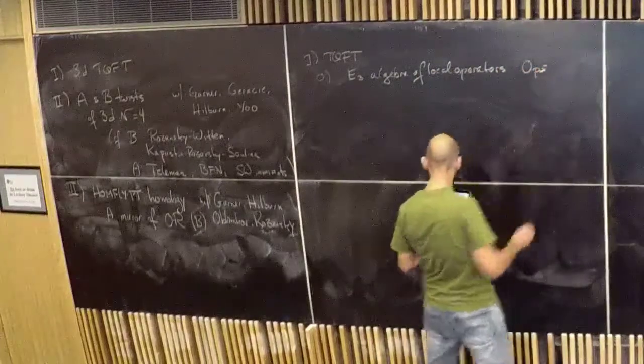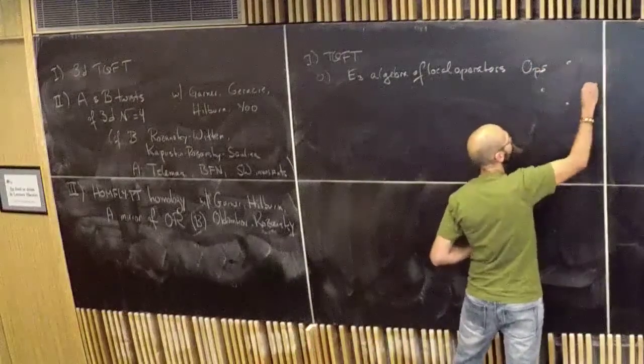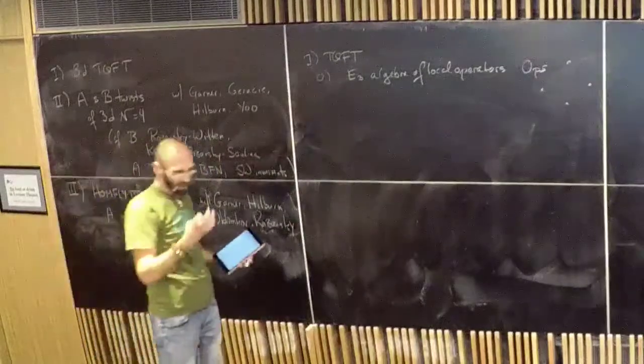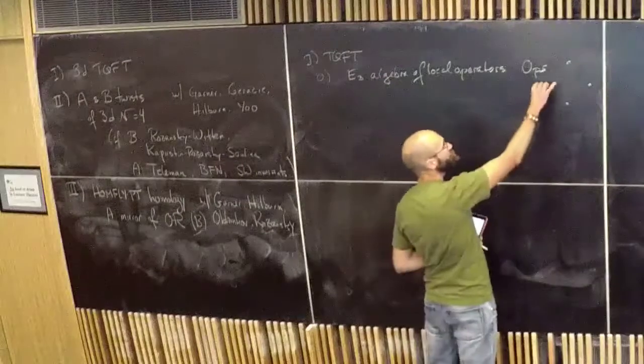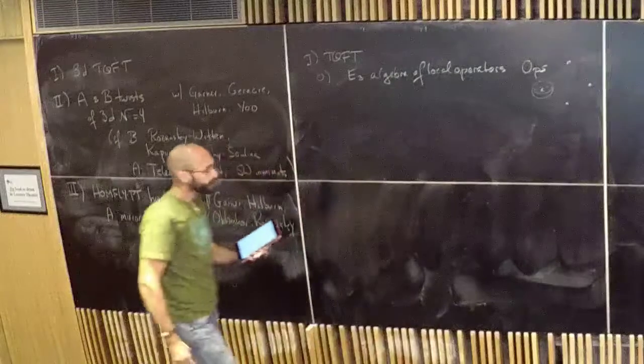The picture is that these are points in 3-dimensional space, dually, they are the thing that the TQFT assigns to a 2-sphere that surrounds one of those points.